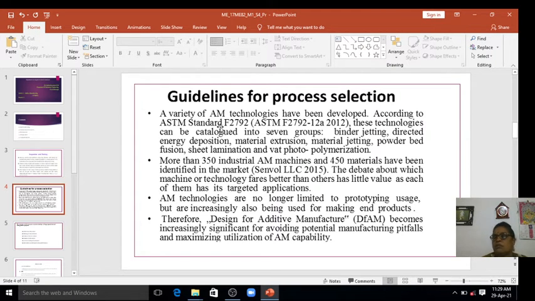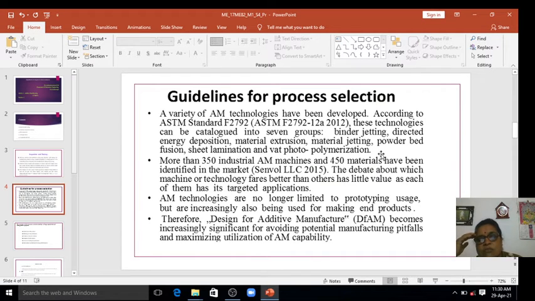These technologies can be categorized into 7 groups: binder jetting, directed energy deposition, material extrusion, material jetting, powder bed fusion, sheet lamination, and vat photopolymerization. These are the 7 categories in the ASTM standard F2792-12a of 2012.